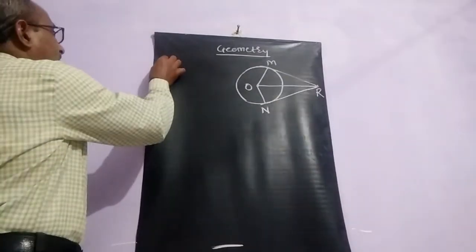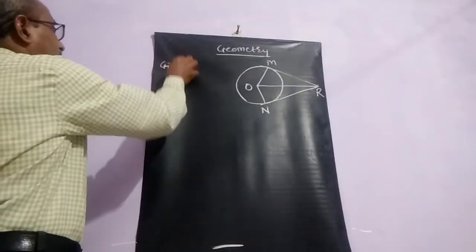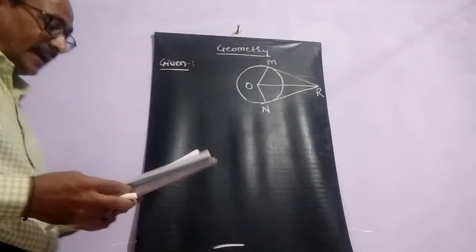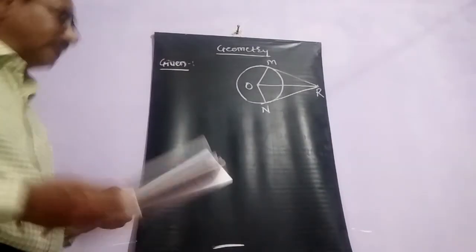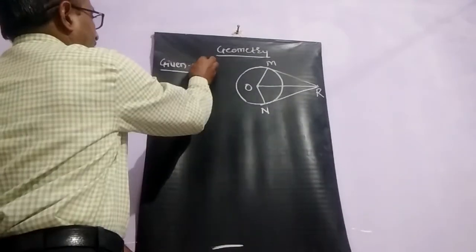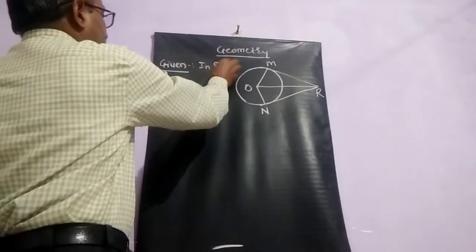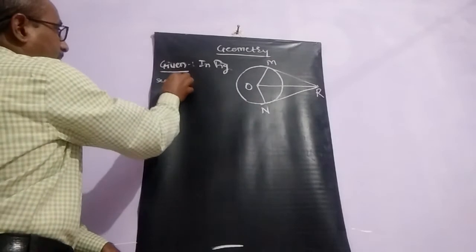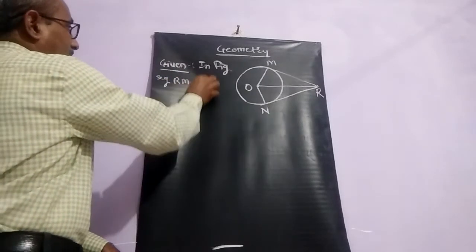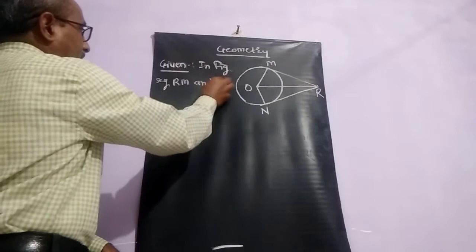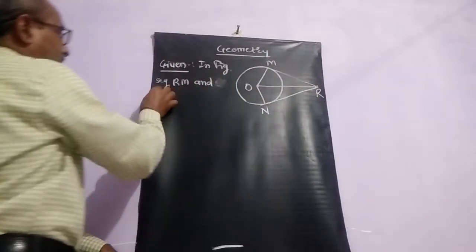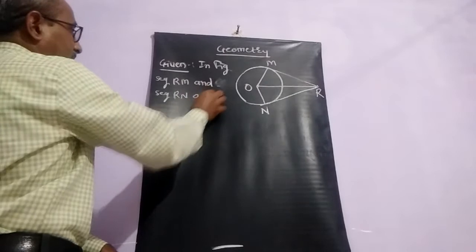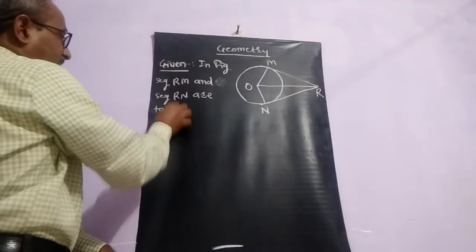So, which are the given things here? Given things are segment RM and segment RN are tangent segments in the figure.